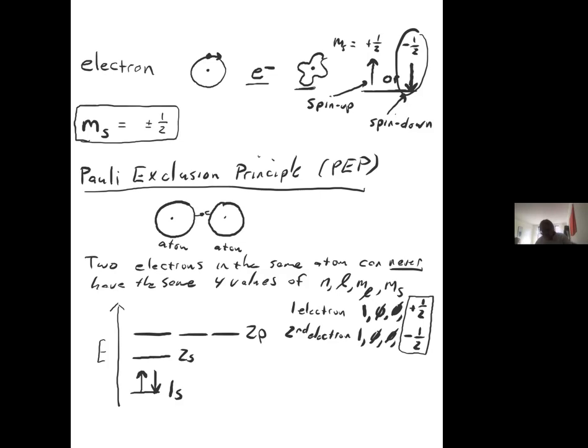They have to have opposite spins. So if they're in the same orbital, they can't both be spin up. That's impossible. If they are both spin down, that can't happen either. They've got to be opposite spins. And that ends up being important in terms of chemical bonding, superconductors, all kinds of aspects of nature involving the electron, which is what we're made of, right?